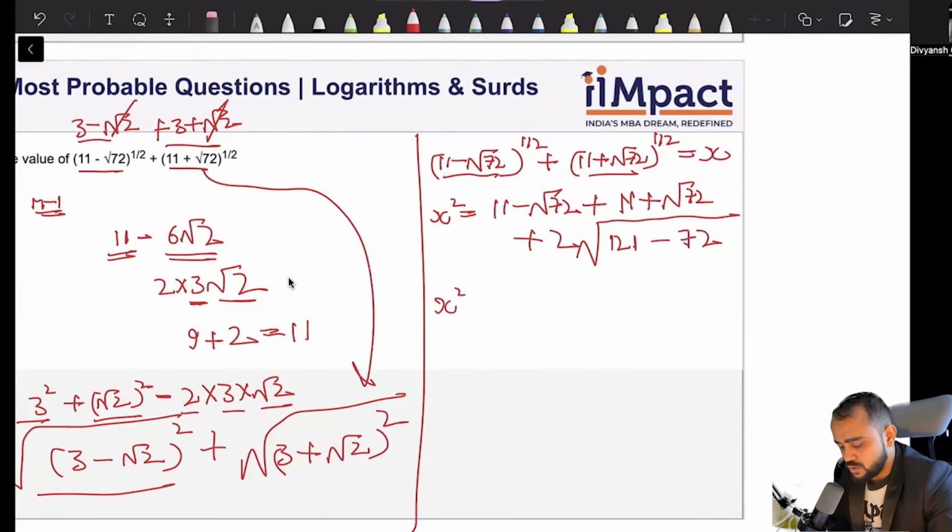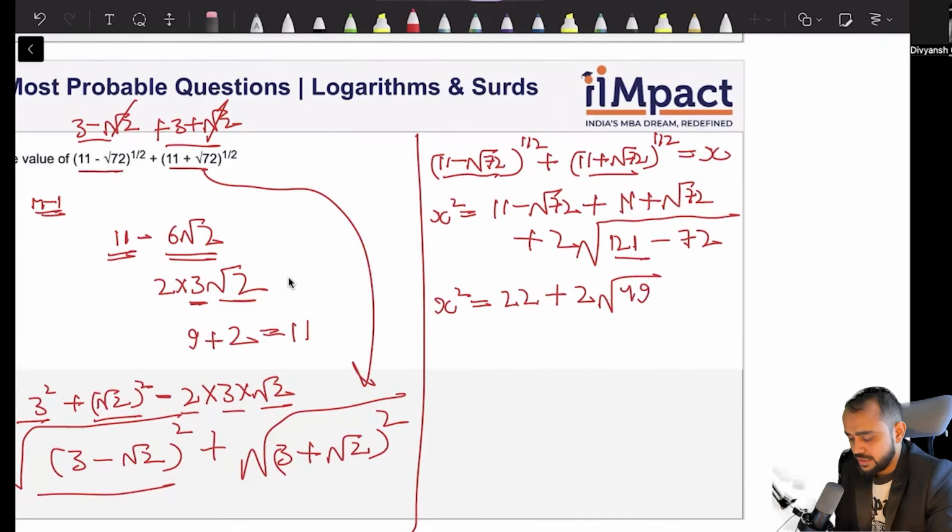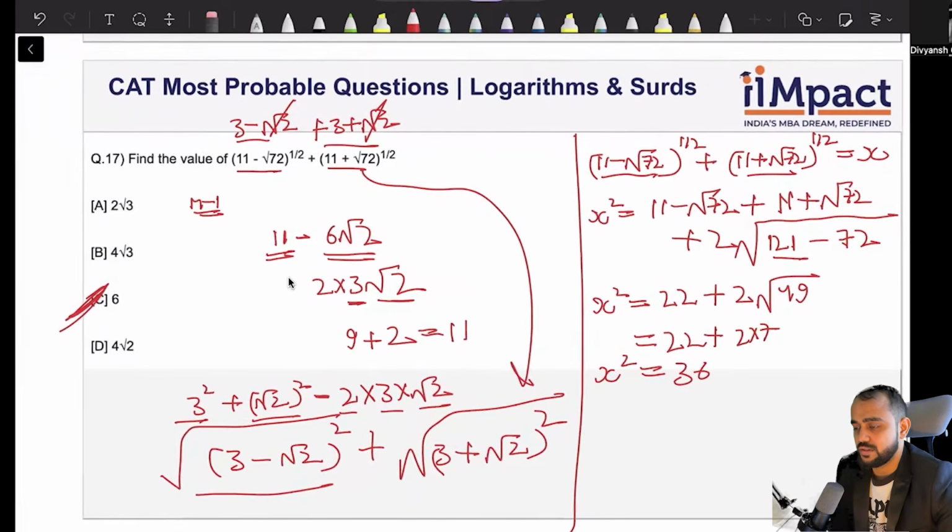So you will get x square is equal to 22 plus 2 into, this is 121 minus 72 is 49. So you get x square as 22 plus 2 into 7, which is 36. X square is equal to 36, which means x is equal to 6.